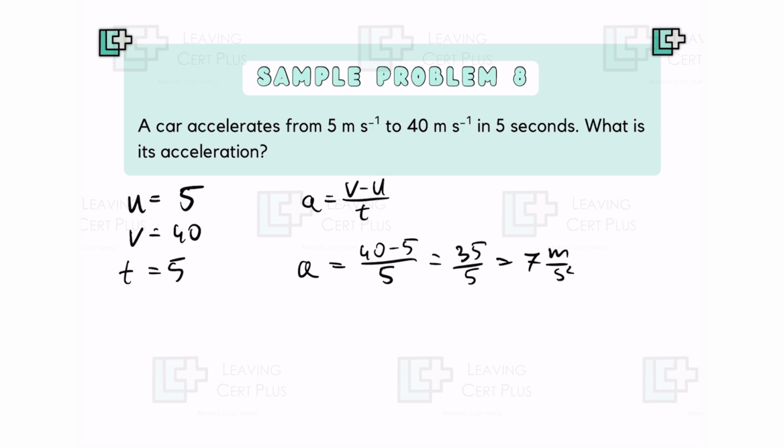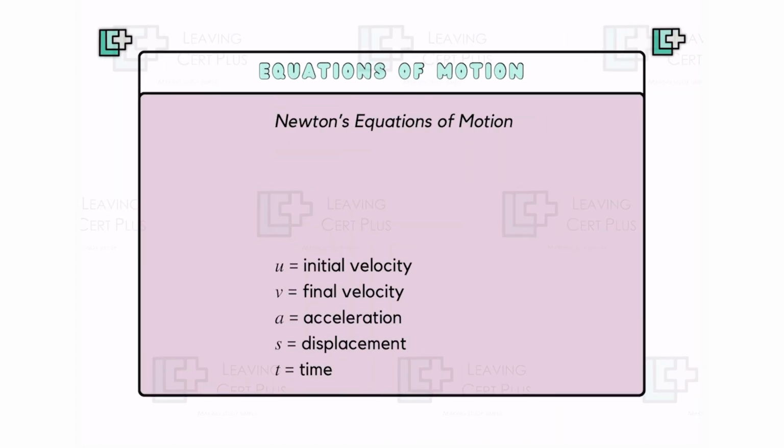Now, with acceleration comes the first set of equations that we need to be able to derive. These are Newton's equations of motion. Just before we introduce these equations, let's look at the quantities. I have initial velocity u, final velocity v, acceleration a, displacement s, and time t. And we can combine those quantities with the following three formulas.